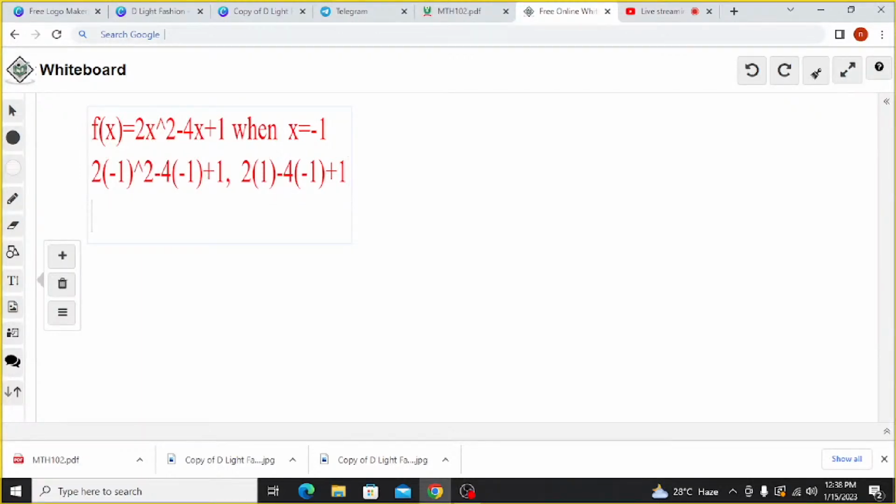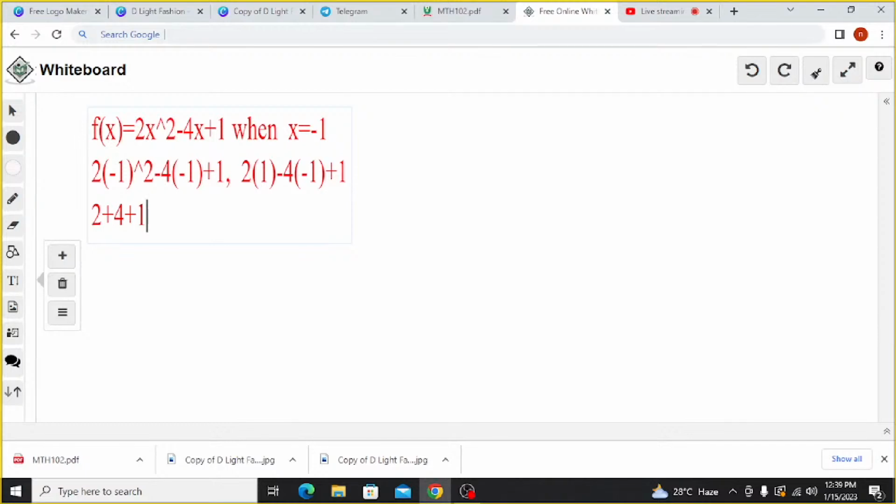So 2 multiplied by 1 is 2; minus 4 times minus 1: minus multiplied by minus is plus, so 4 multiplied by 1 is 4, plus 1.